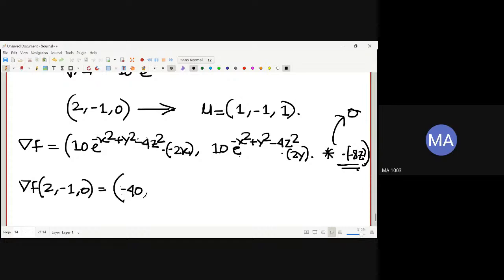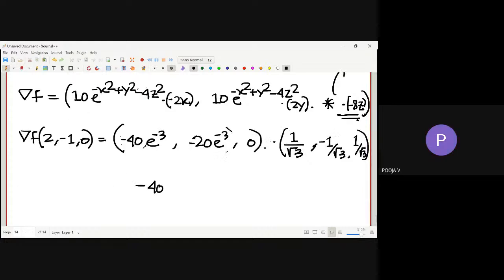If you do that, you will get minus 40 divided by root 3 e power minus 3, and then plus 20. So the answer would be minus 20.